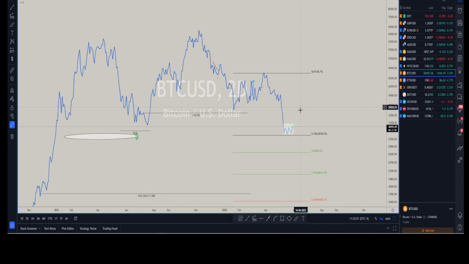It might exceed, it might stay here, because if a lot of sellers are coming in, they will create something like this, push in the sellers, come back up, create that, and come down. That's what BTC does most of the time, as you can see right here. Comes back up, clears that, and flushes.